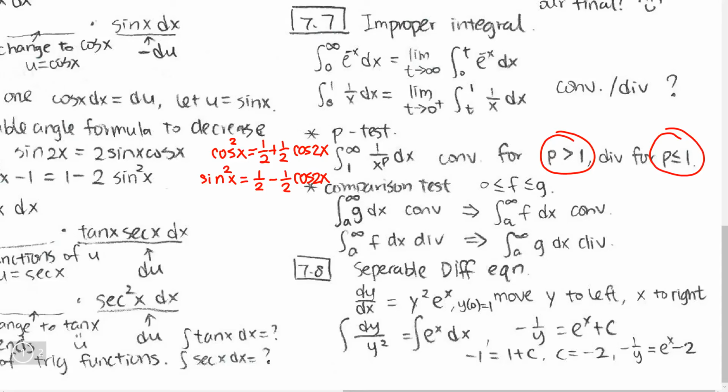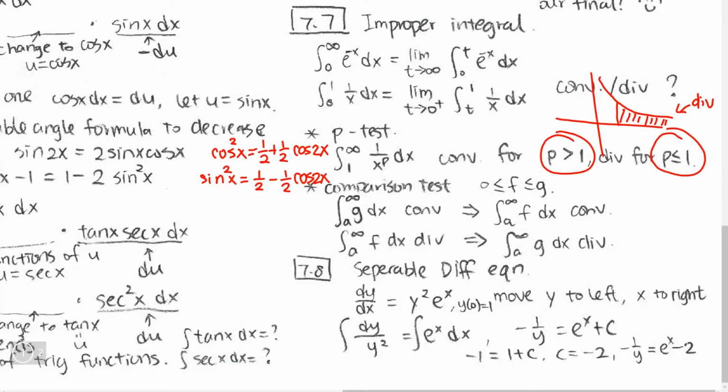Remember that. You can imagine that when p equals 1, this is like the boundary. The area here is going to be infinite, so the integral diverges.